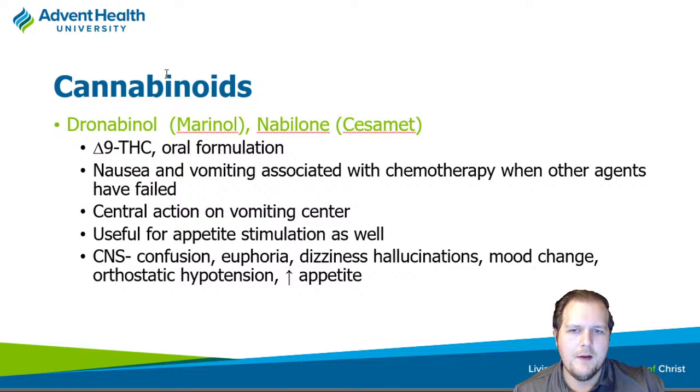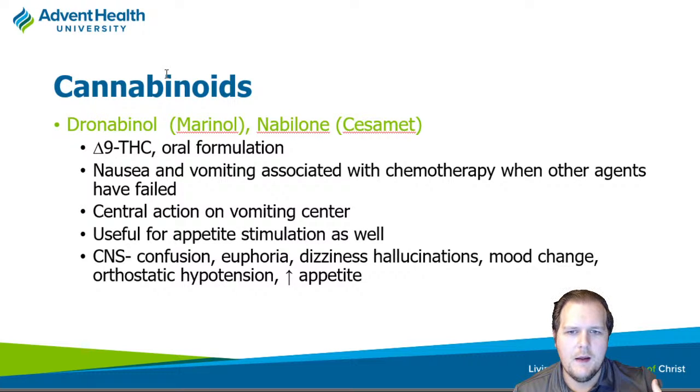Cannabinoids work by activating cannabinoid receptors like CB1 receptors up in the brain, which can help to decrease activity at the vomiting center. One of the other big benefits, especially if you imagine someone who has a lot of nausea and vomiting related to chemotherapy, is that they're frequently not going to want to eat. If you're nauseous, you don't want to take down any food, and that can affect your nutrition.